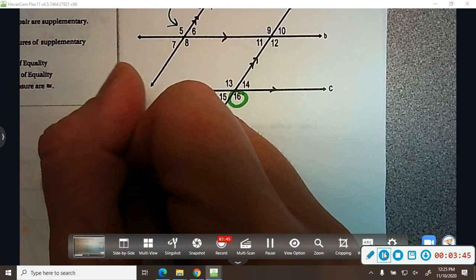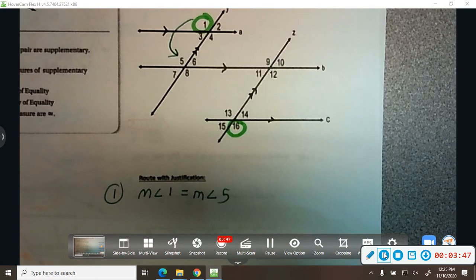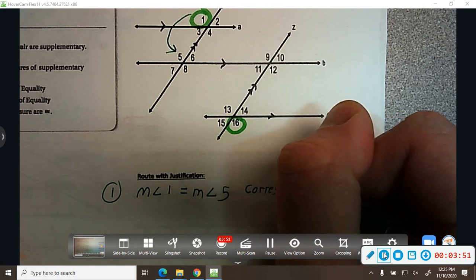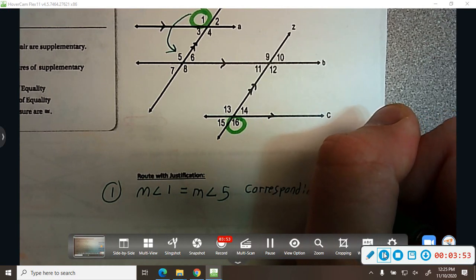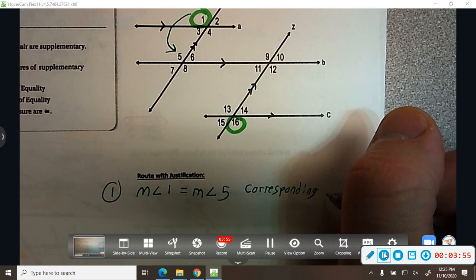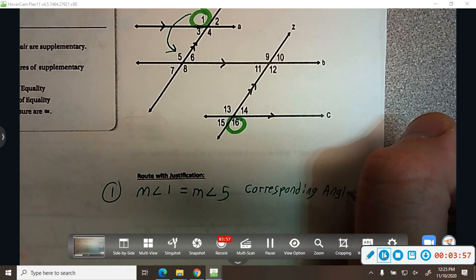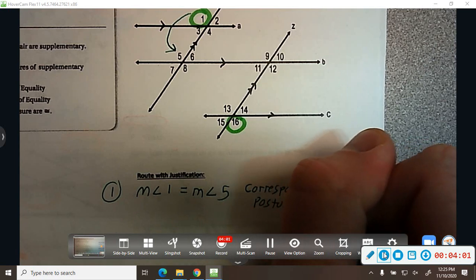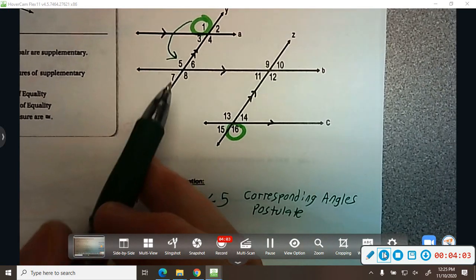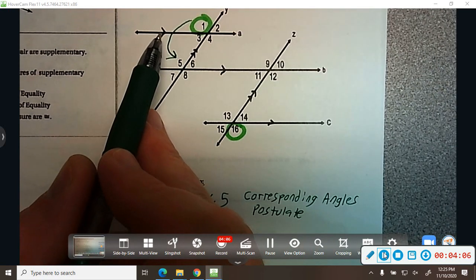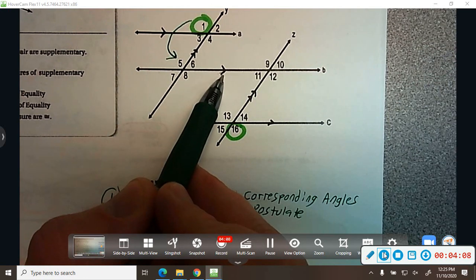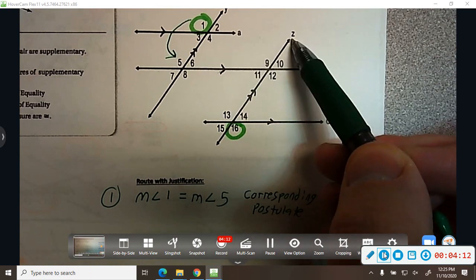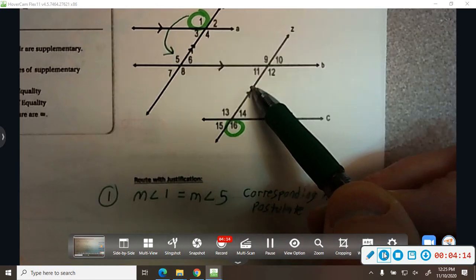How do I know that? Well, 1 and 5 are corresponding angles. And it's also worth noting that this symbol means that this is parallel to this, and then the other way, this is parallel to this because they have two triangles.